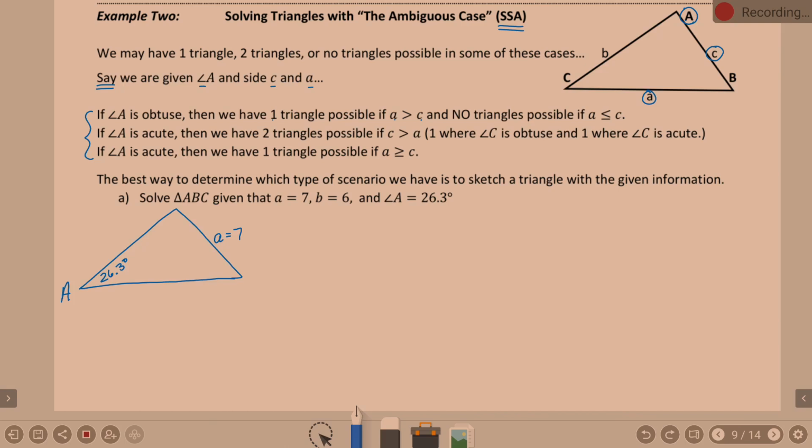Now, in terms of side B, it could really go either place. In my brain, B is about the same length as A. I'm putting B over here personally because those two sides are about the same. In all honesty, B can go either place. Now, if I put side B here, then that means angle B has to be there, which leaves the top angle to be angle C, and down here to be side C.